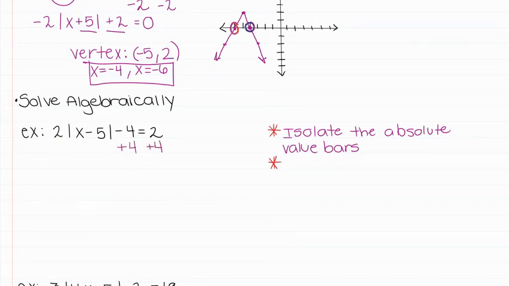So notice we're kind of doing the opposite of what we did for solving by graphing. So then this would be 2 times the absolute value of x minus 5 equals 2 plus 4, which is 6. And then I'm going to divide by 2. So I get the absolute value of x minus 5 equals 6 divided by 2, which is 3.